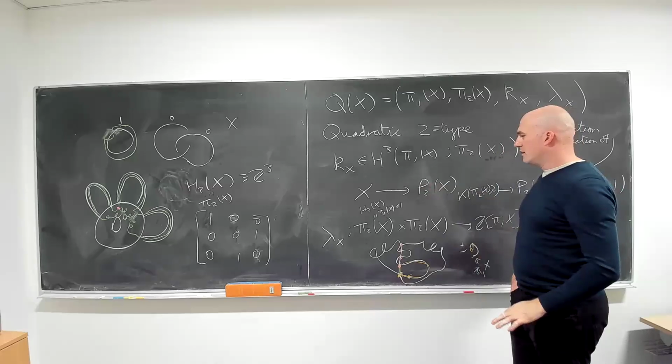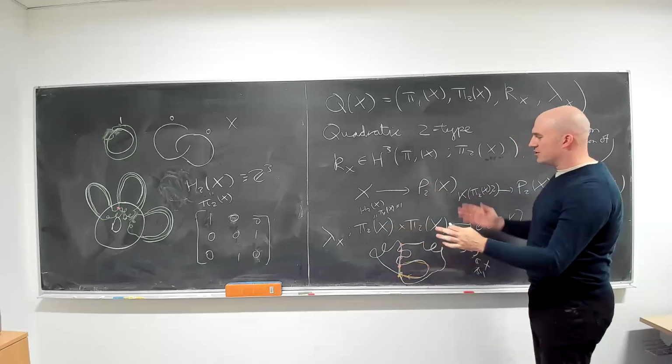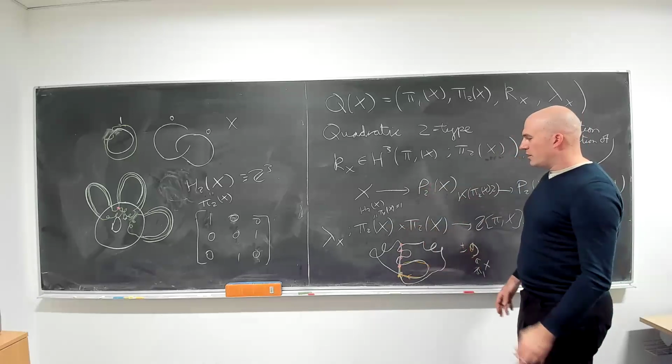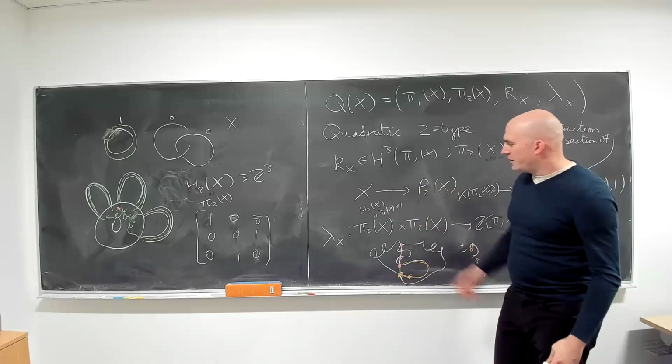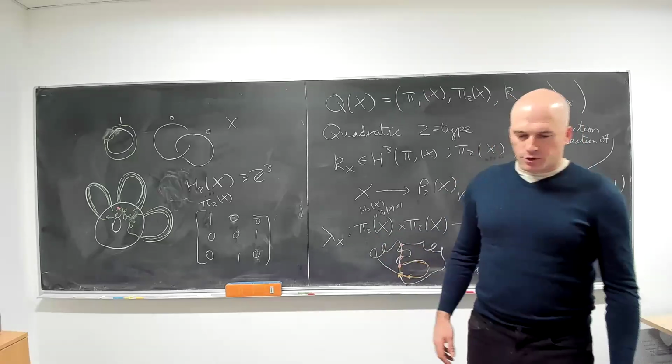Apologies. So this is like the intersection form, but it's the equivariant version when you've got non-trivial pi1. And this need not be a free module in general, so it's more complicated.